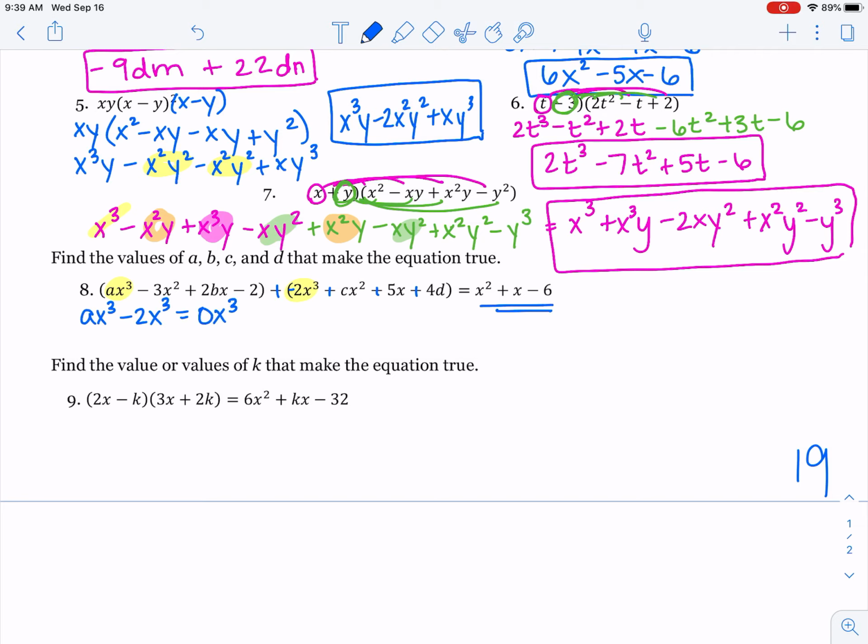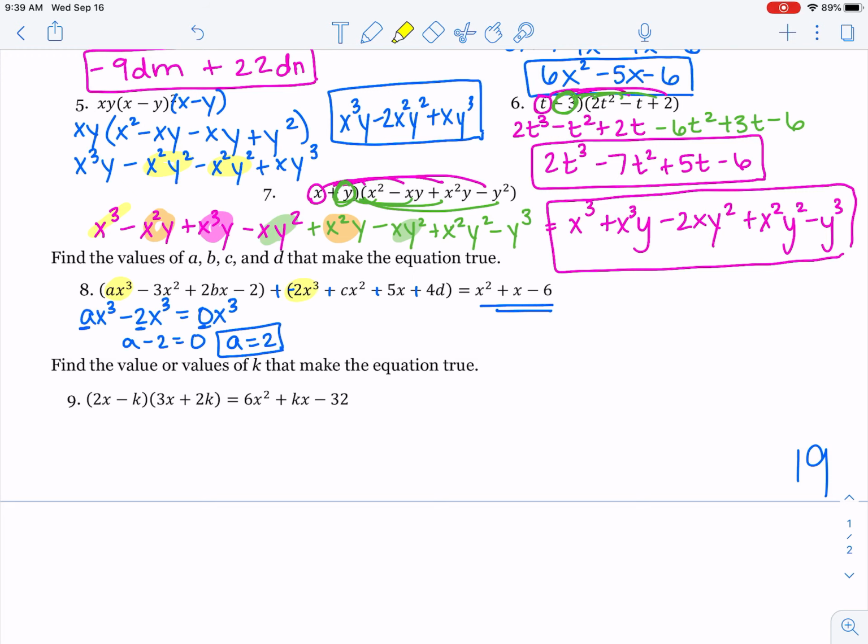So that better equal 0. So the only thing I really need to worry about is my coefficients. A minus 2 has to equal 0. So in this case, if I add 2 to both sides, the a value would have to be 2.